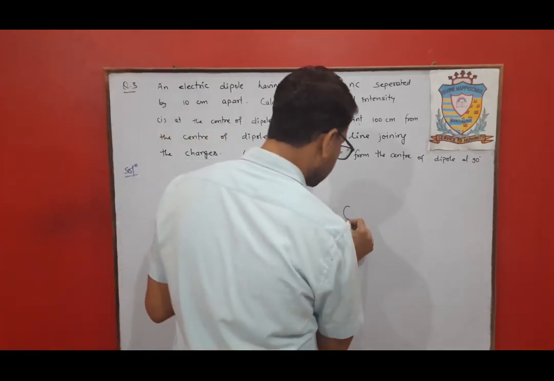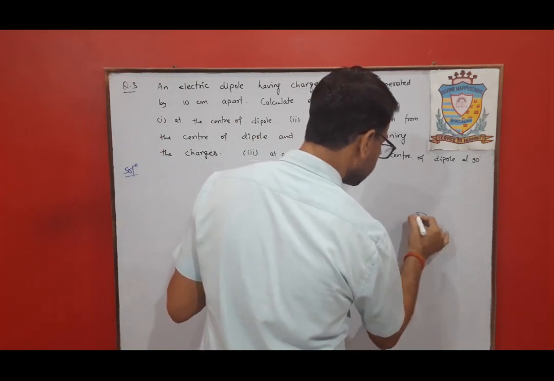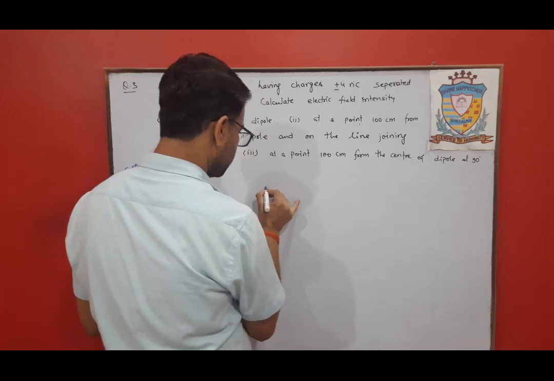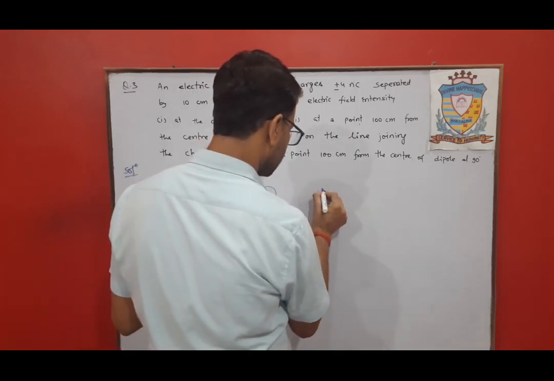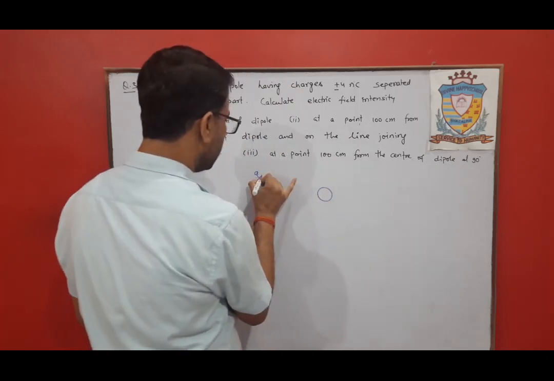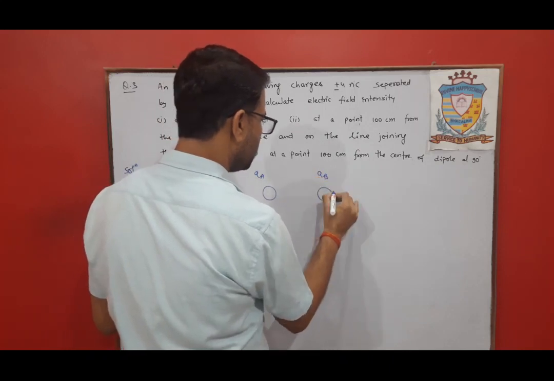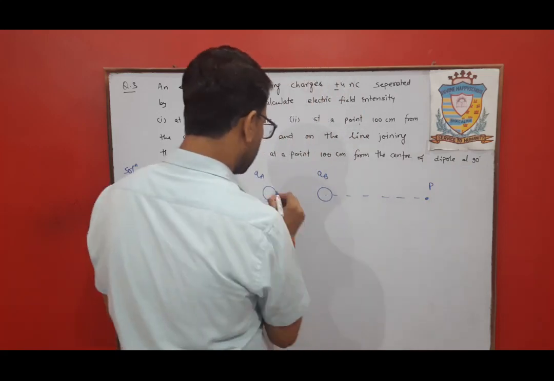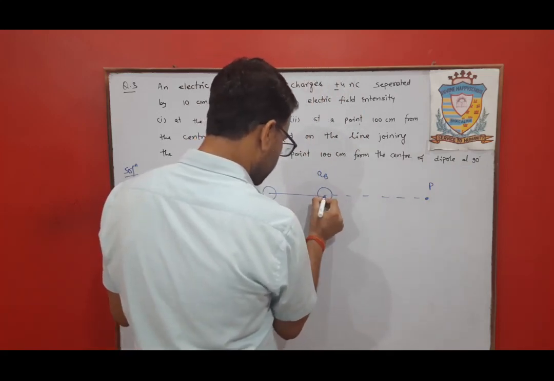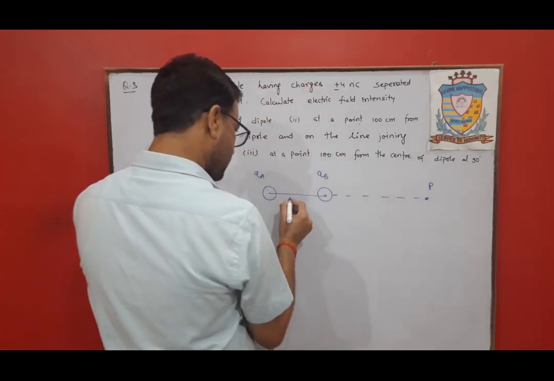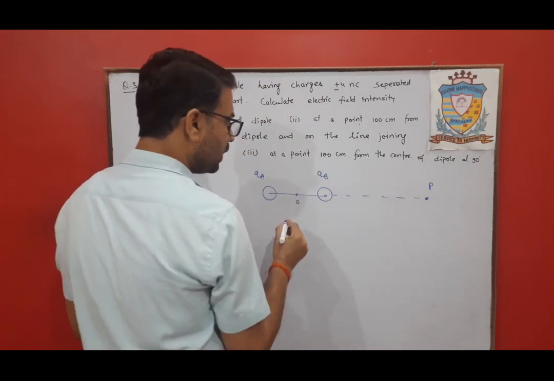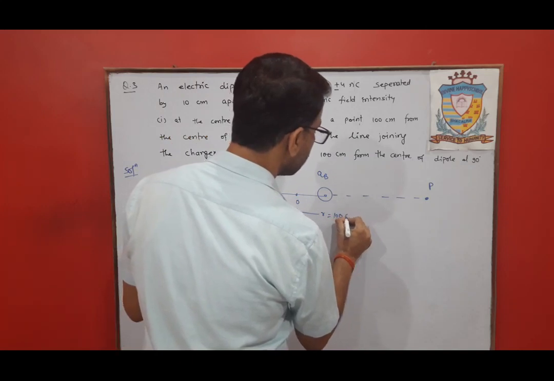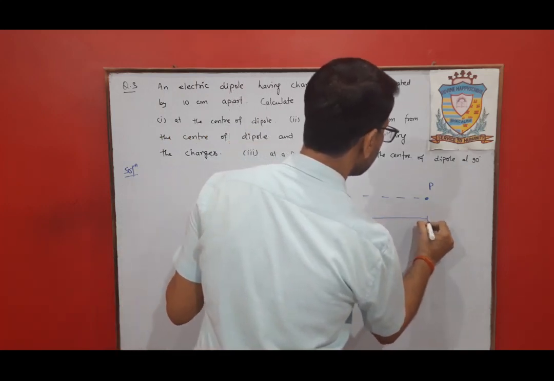That means in this case, QA, QB, and here we have to calculate at P, and this is O, and R is given, that value of R is 100 centimeter.